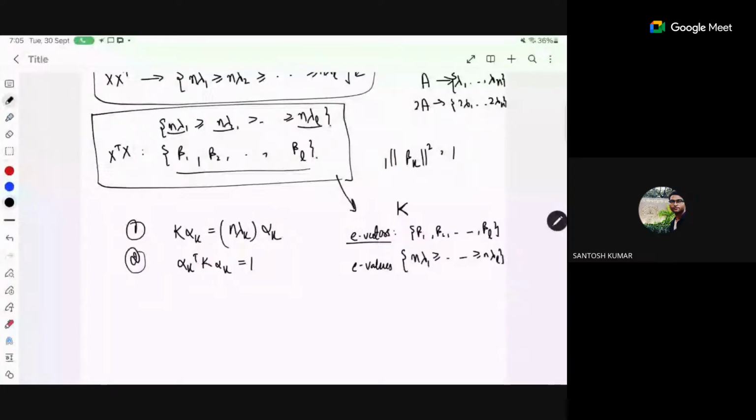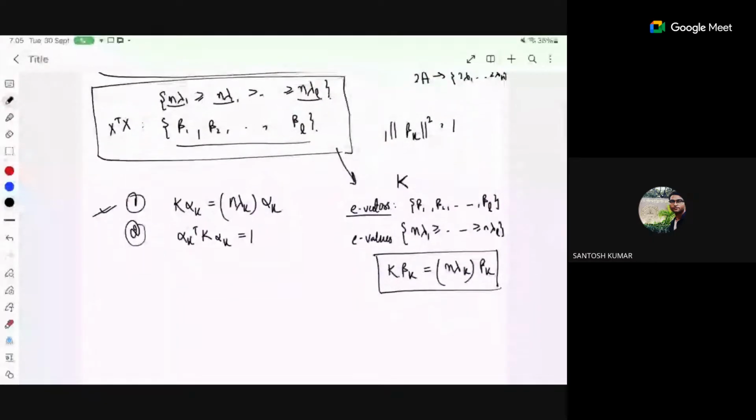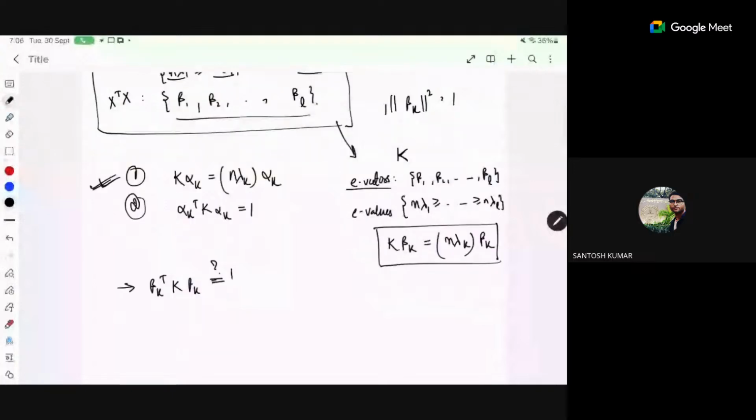So again, I can write this eigen equation: K of beta k equals n of lambda k times beta k. So the first property holds. Now for the second property, we want to see whether beta k transpose K of beta k is also equal to 1 or not, and if not, what condition should be put?